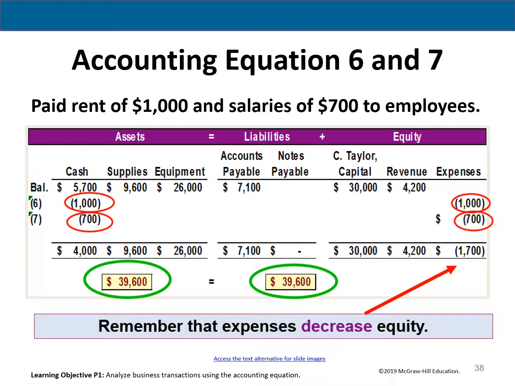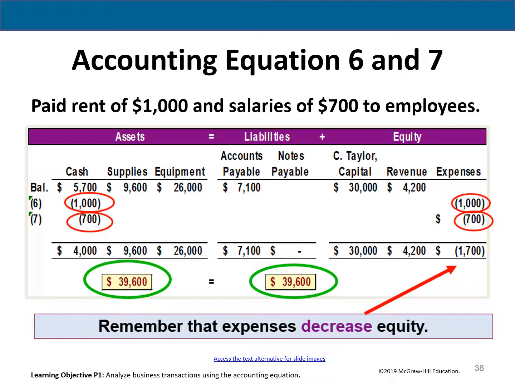Take a look. So remember our equation, assets equal liabilities plus equity. And equity one broke out further and it said capital increases, revenues increase, but expenses have a negative impact. Okay, so we add these two together to get our total amount of expenses.